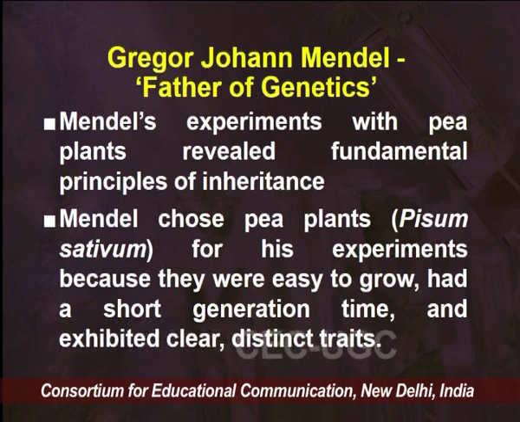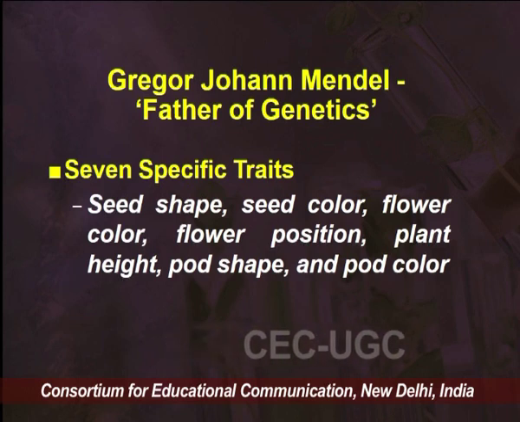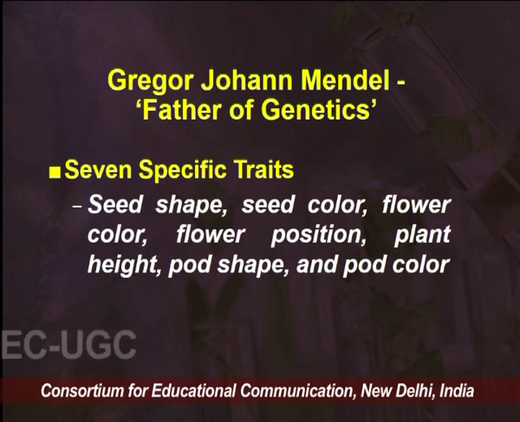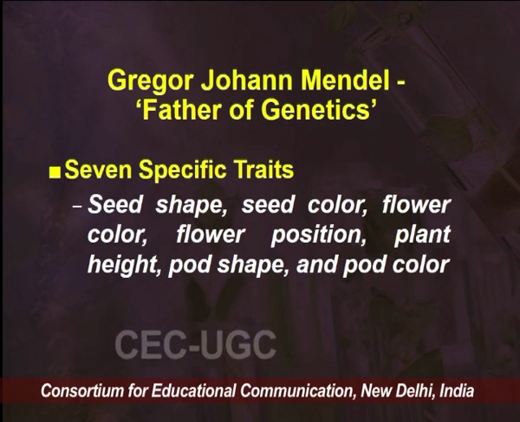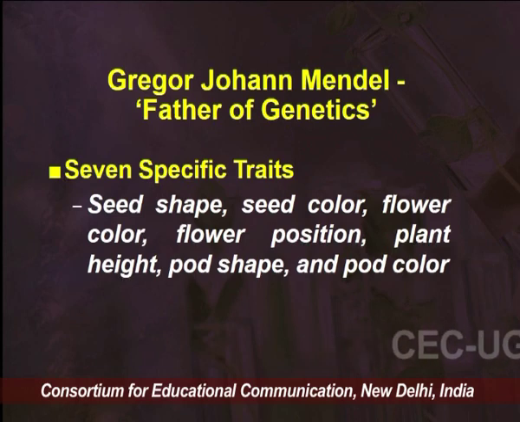Among the pea plant he selected 7 specific traits to study: seed shape, seed color, flower color, flower position, plant height, pod shape and pod color. All had distinct characteristics, and the alleles for these characteristics were clearly visible, making it easy to identify the differences between generations.